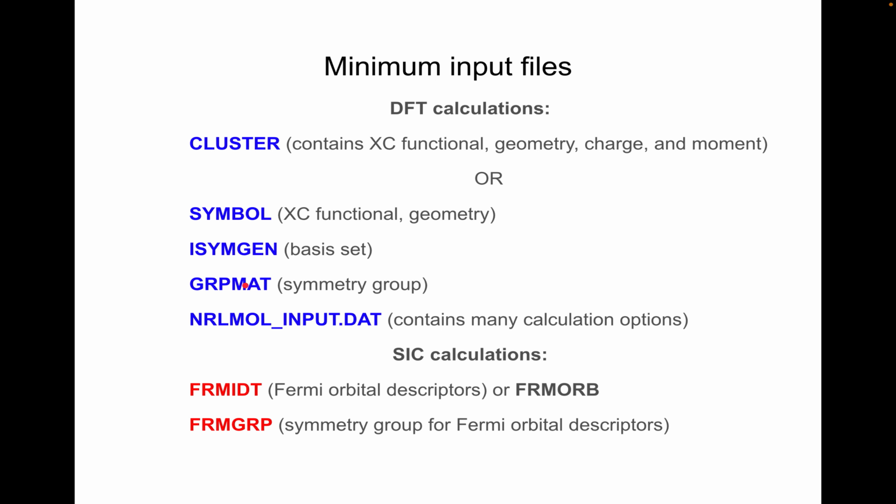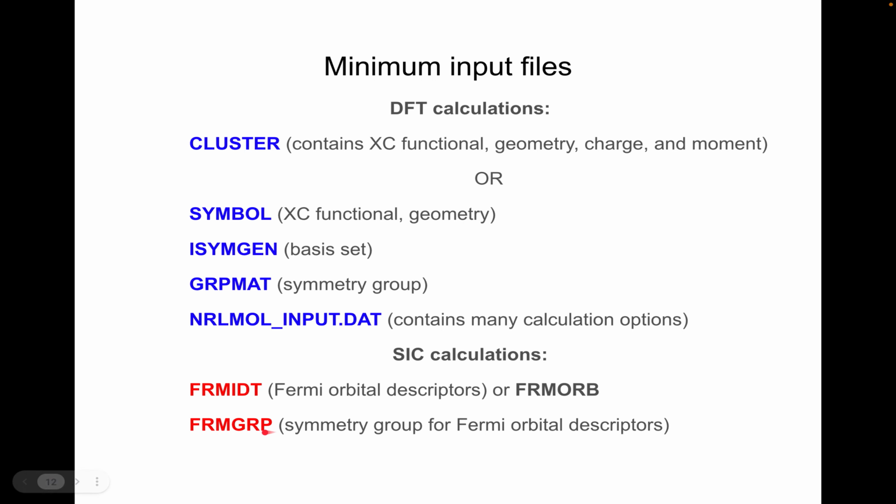For the SIC calculation, you need additional files. The FRMIDT file will list the coordinates for the Fermi orbital descriptors. The FRMGRP file will contain the symmetry group information for the Fermi orbital descriptors. We will come back to the Fermi orbital descriptors later.